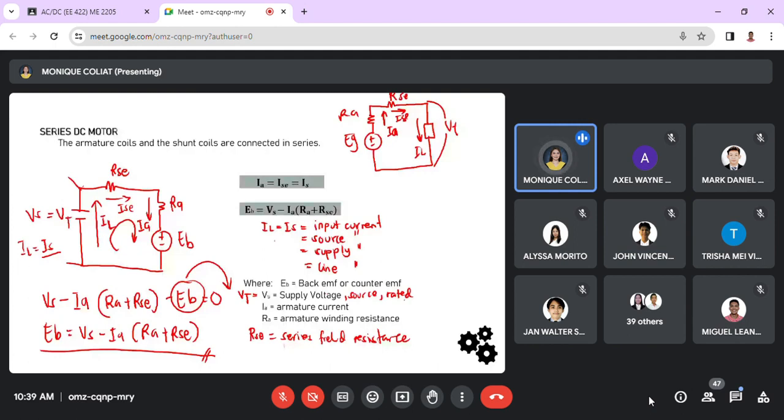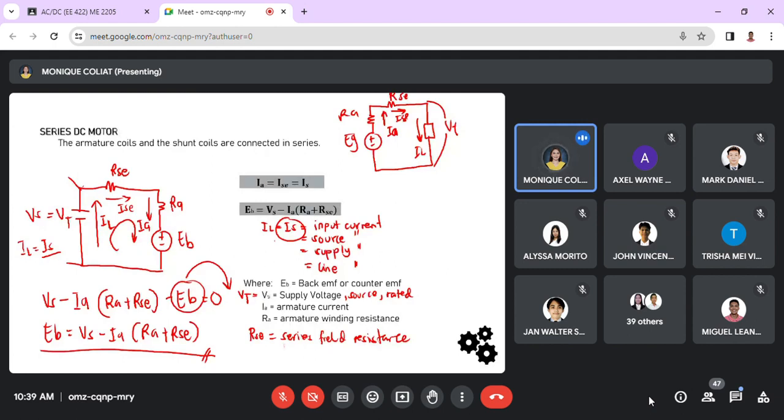RA, ganun pa rin, armature winding resistance. Then RSE, yun pa rin yun, series field resistance. So, yung IL naman or yung IS natin, that is your input current, source current, supply current, or line current. Okay, so yun yung mga iba't ibang tawag or different terms for IL, which is yung IS natin dito kay generator, motor.